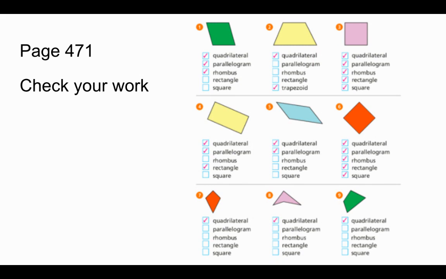It's a rectangle, but the sides aren't equal, so it can't be a square. Number 6 also has all of them marked. Looks like it's maybe a square tipped on its side. And number 7, 8, and 9, those are only quadrilaterals. They're not parallelograms or rhombuses or rectangles or squares. All right, let's keep going.